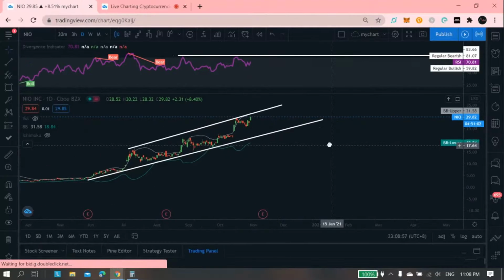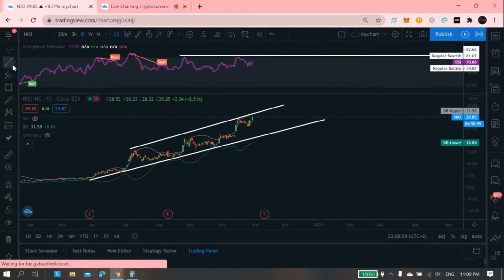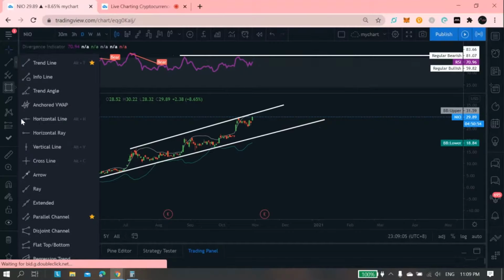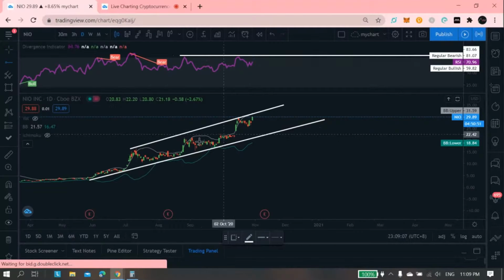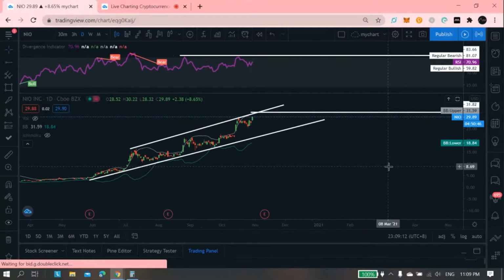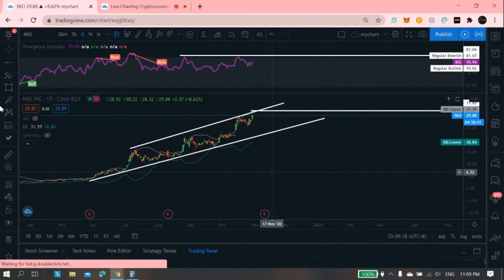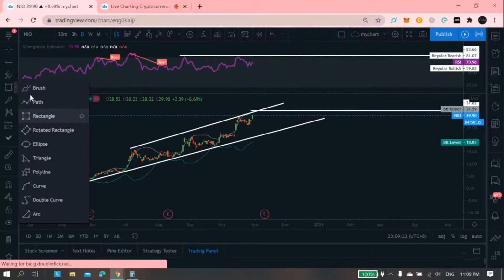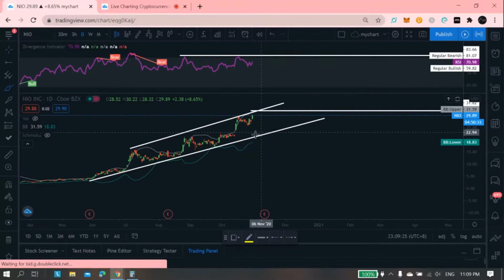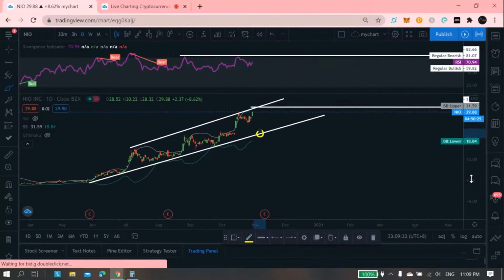So I think yeah. Anyway, the resistance I'm looking at, I will use the Bollinger Band. But sometimes it can go outside the band. So this is my resistance around the 31 area, and the support I'm looking at is of course this area, on a conservative note, because this is before the lower Bollinger Band of around $18.